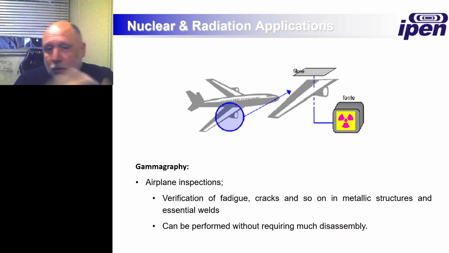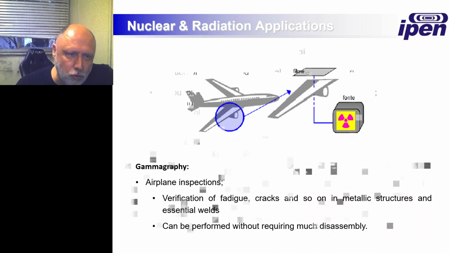So iron is much heavier than silicon, you can see. And the other thing, you can see bubbles also. So you can see bubbles, you say, okay, we should have oxidation here, we should dismantle this and maybe do some kind of corrective analysis, right? So yes, gammography is very much used.